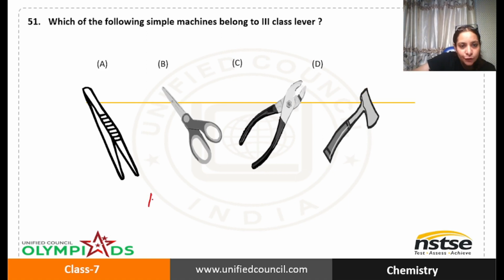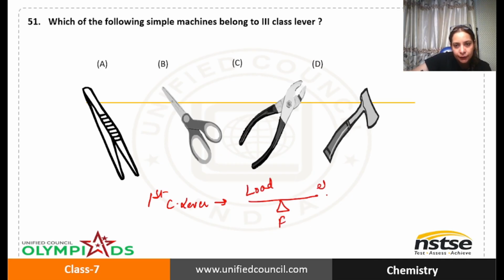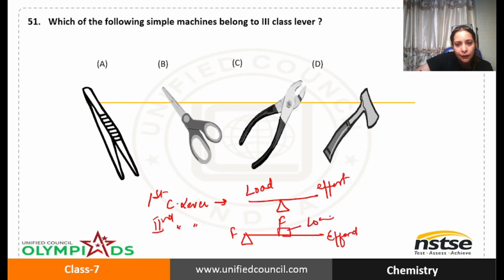When we say first class lever, it is one where the fulcrum is between load and effort. And a second class lever is a lever where the fulcrum is at one corner and at the other corner there is an effort, and the load is in between. What is in between? Load.